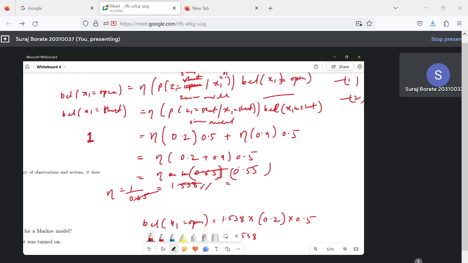Now just plug in the right value of eta, 1.818.